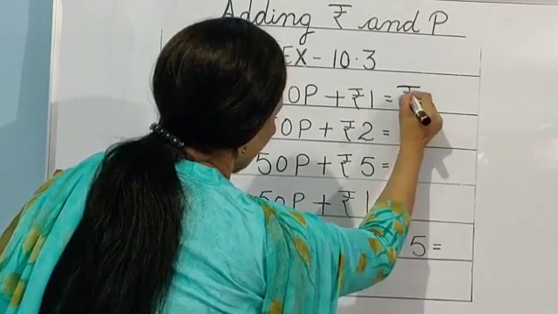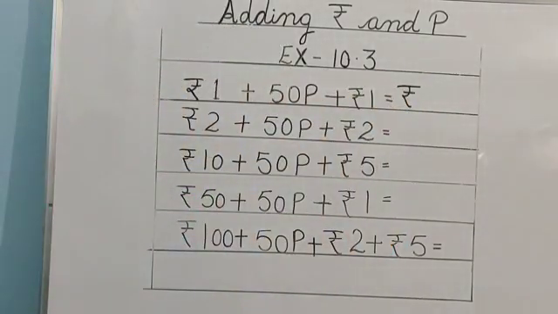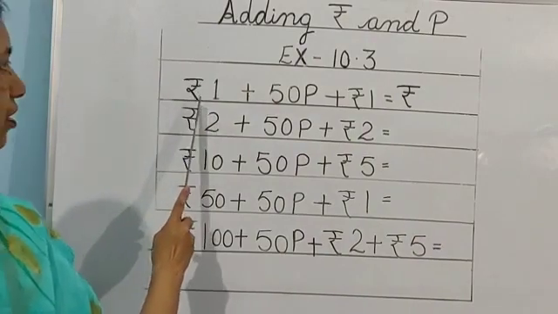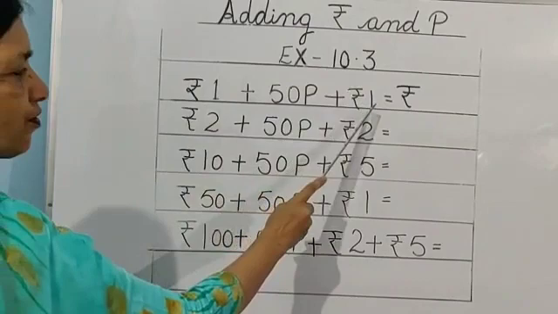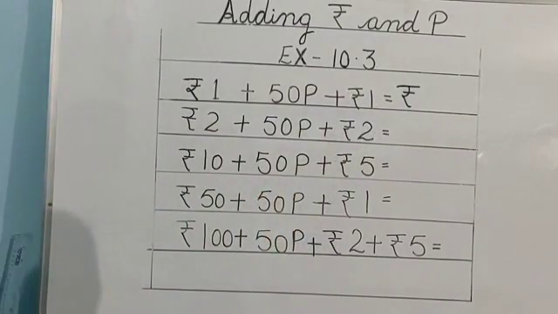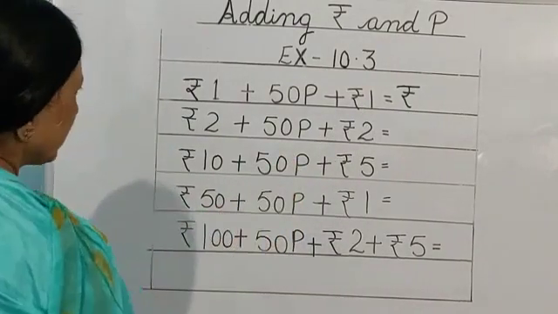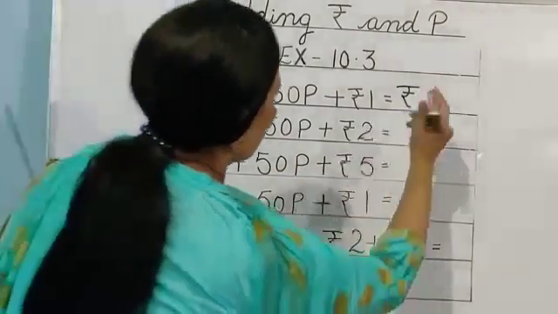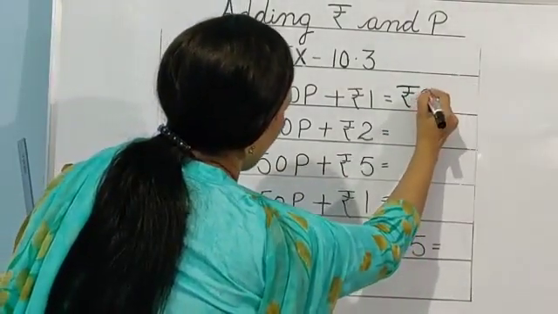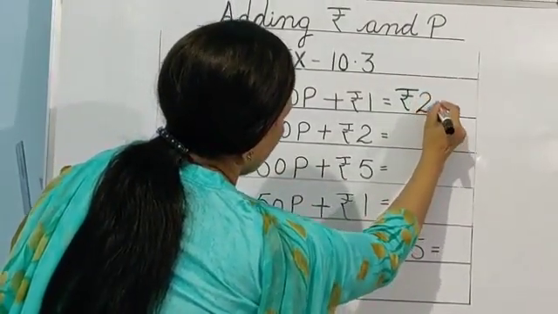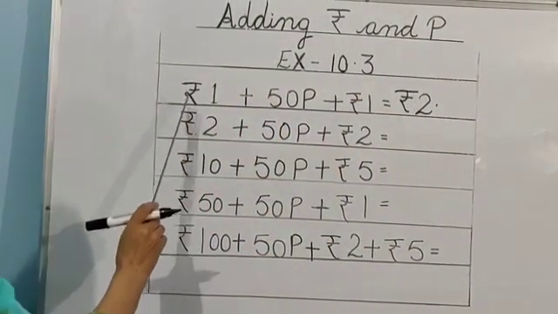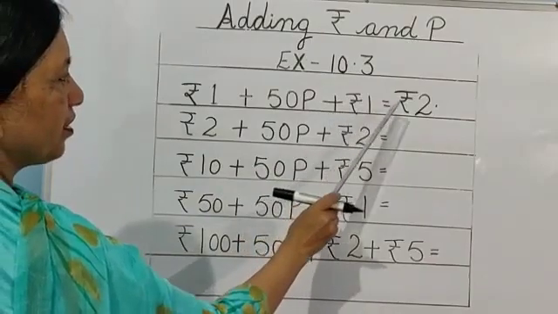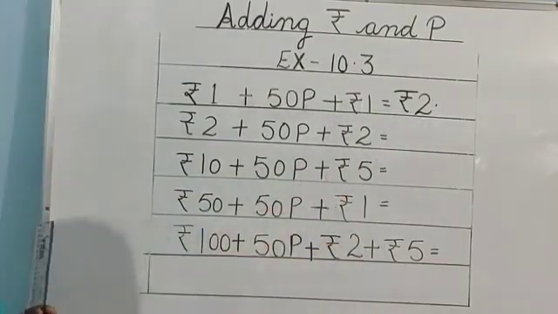Now how many rupees are there? Rupee 1 plus rupee 1 is equal to rupees 2.